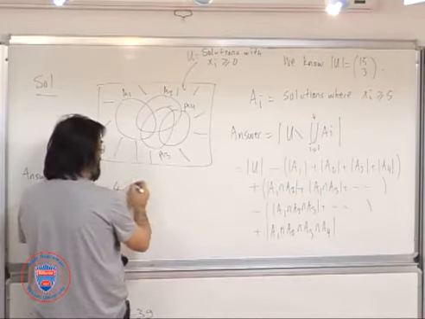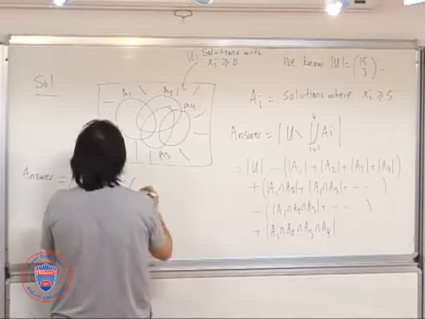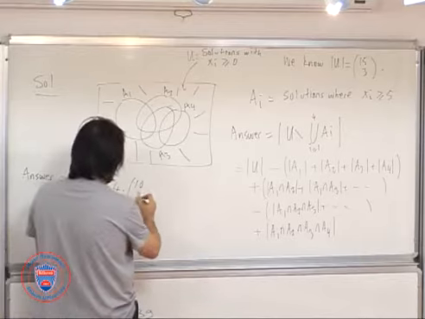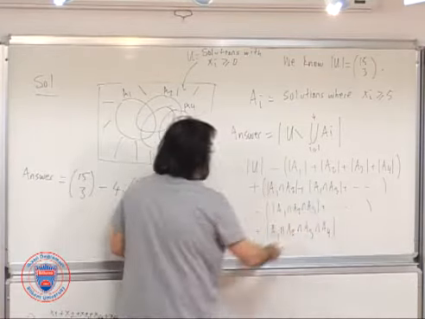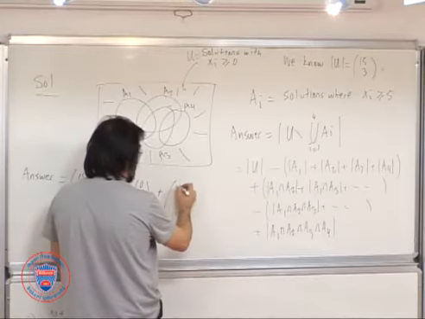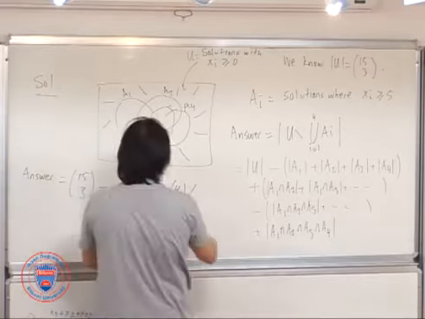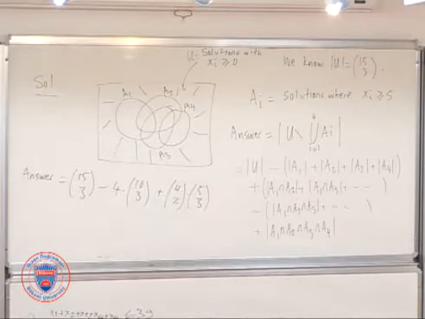So there are 4 of these things, and each of them is 10 choose 3. And then the intersections, there are 4 choose 2 intersections, and each of them is 5 choose 3. And there's nothing else. So this is your answer for this question.